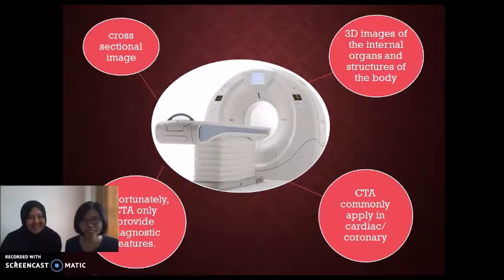Unfortunately, CTA only provides diagnostic features. So we only use CT scan for diagnosis, not for intervention. For intervention, we go to angiography, usually known as the cath lab. To summarize, CT scan only provides diagnostic value but cannot do the treatments.